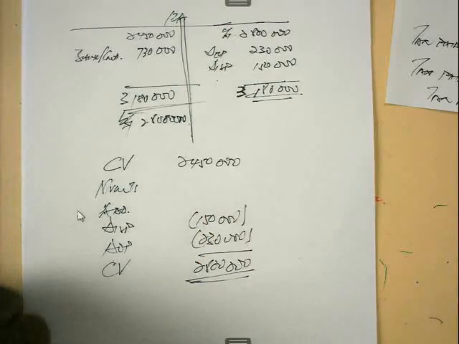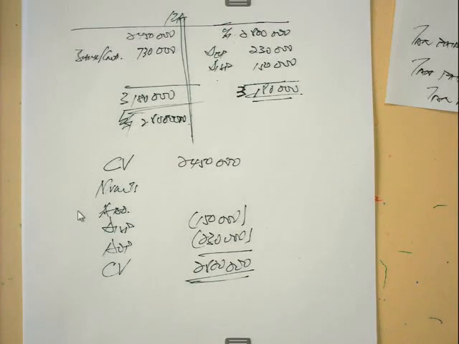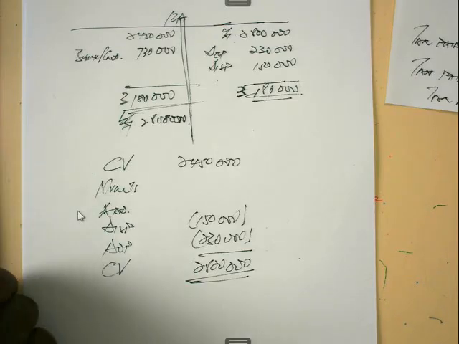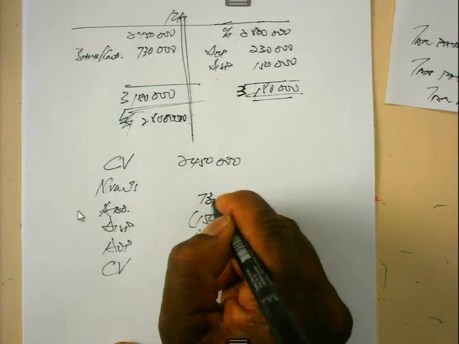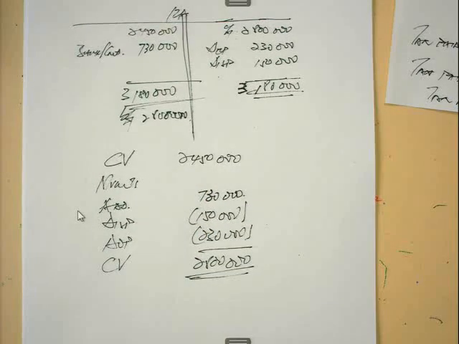Then you must determine the additions, and 730 is the difference. Then you put in 730 here as your additions.